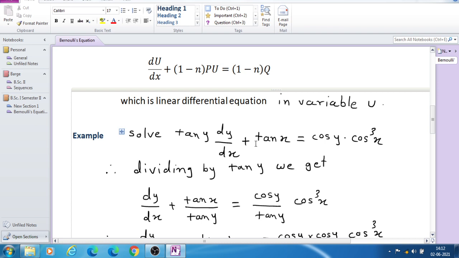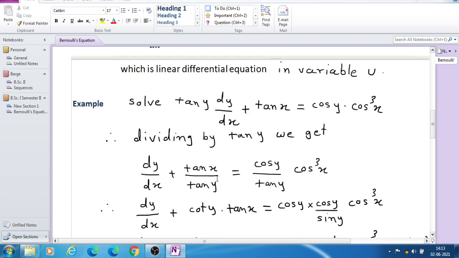So this is a linear differential equation in variable u, and therefore we can solve this equation by the method of linear differential equation. What we do in linear differential equation is find the integrating factor, then write the formula for the solution, and then integrate the terms.